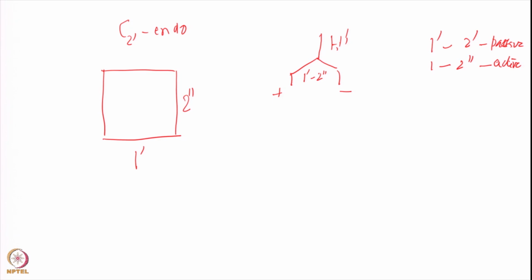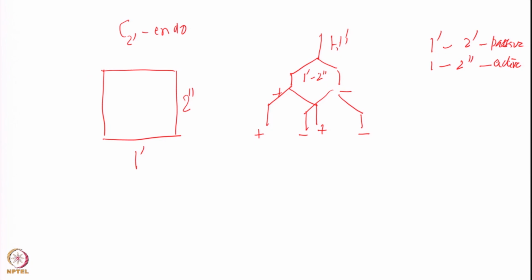Okay. Now we notice here that the 1 prime 2 double prime coupling is of the order of 6 to 7 hertz. Now 1 prime 2 prime coupling is much larger, about 10 hertz. So therefore this will further split into 2 and they will go like this. But since this is a passive coupling, I will have plus and plus here and minus there. So this will produce a structure plus minus plus minus.